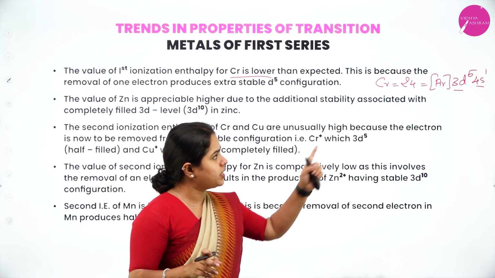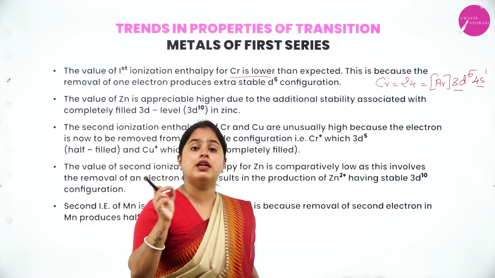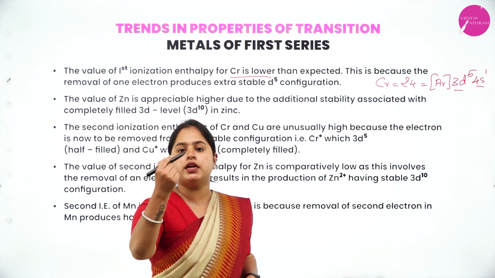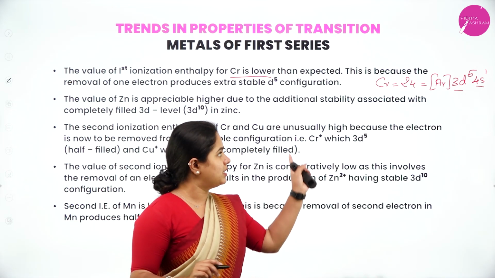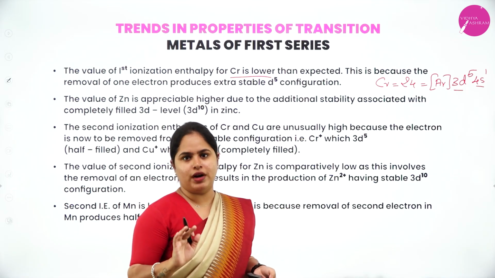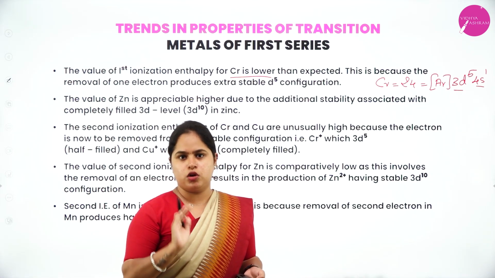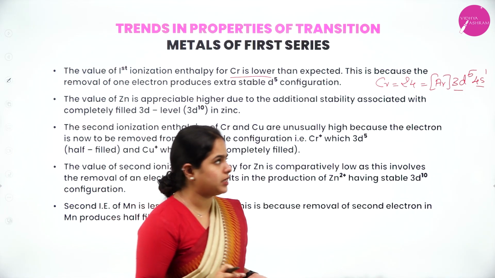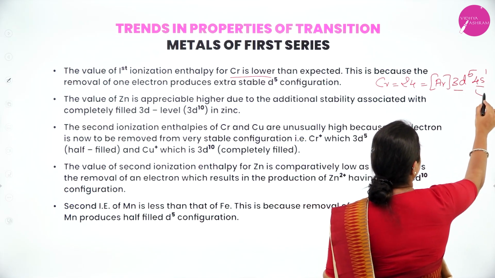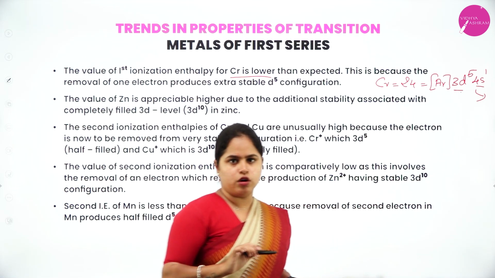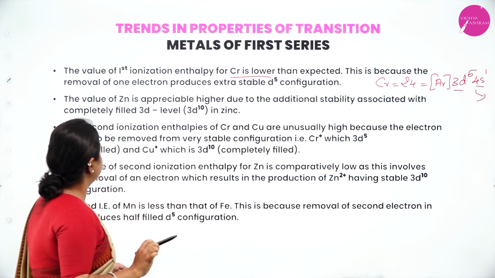If chromium loses that one electron, it gets a stable configuration, so chromium is ready to do that. It is going to easily lose one electron. Hence, the ionization enthalpy is lesser than what is expected, because once this electron is lost, it gets a half-filled electronic configuration. I hope that is clear, right?